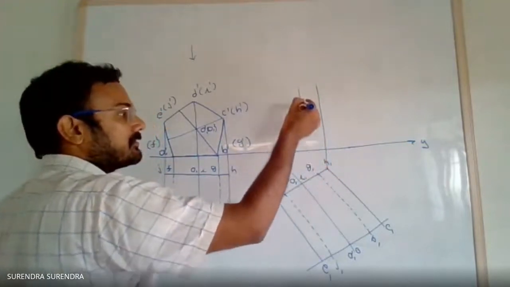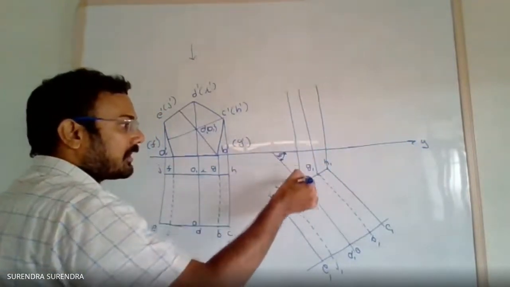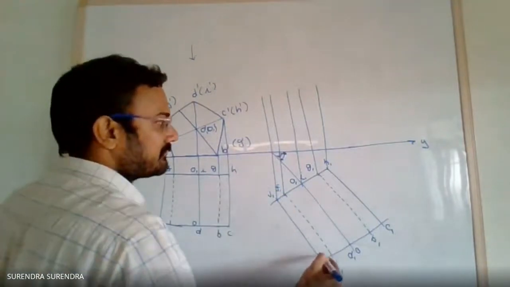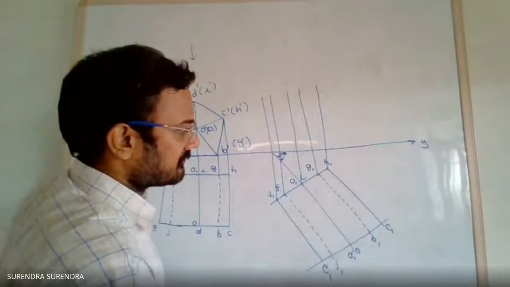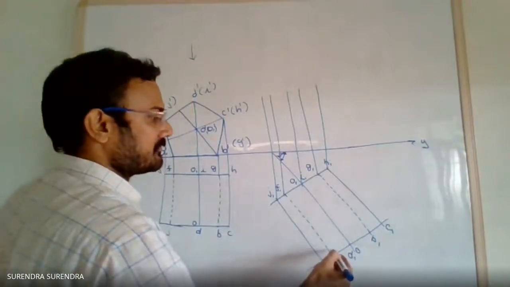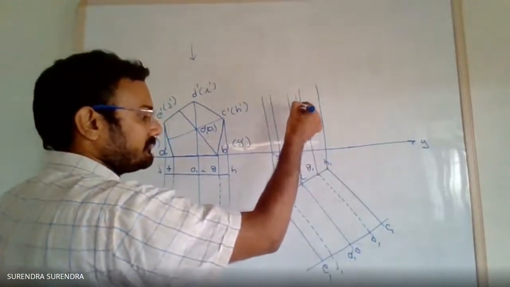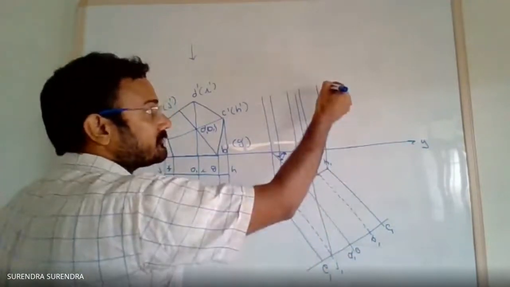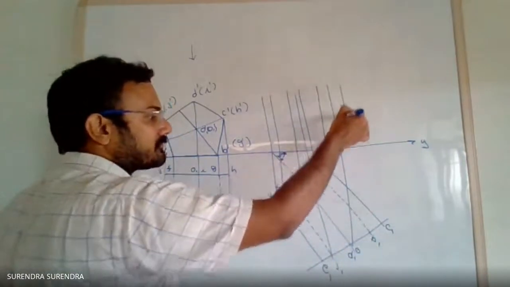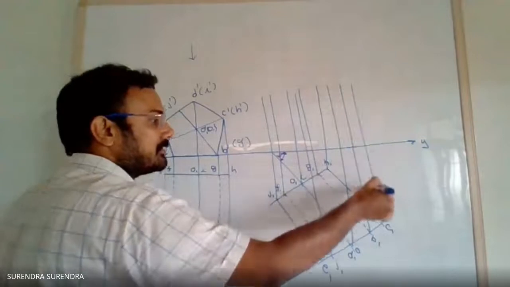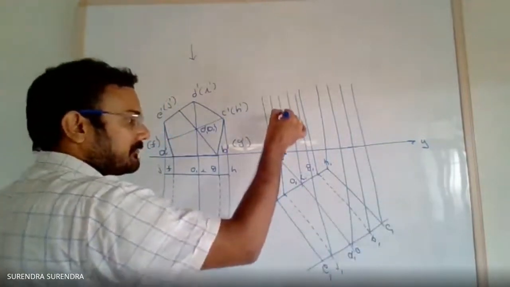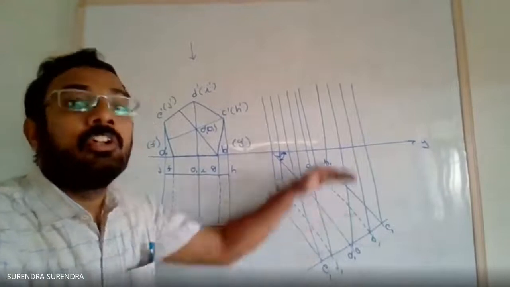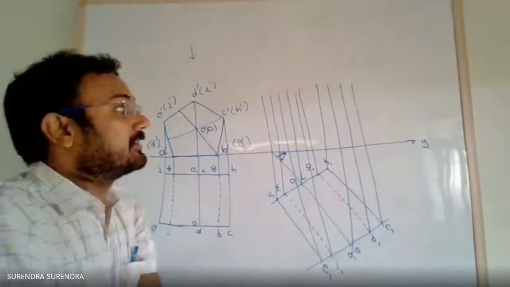H, G, I, F, J, B, C, projection from E. Draw the projections from each and every point from the top view and mark the respective intersection points.